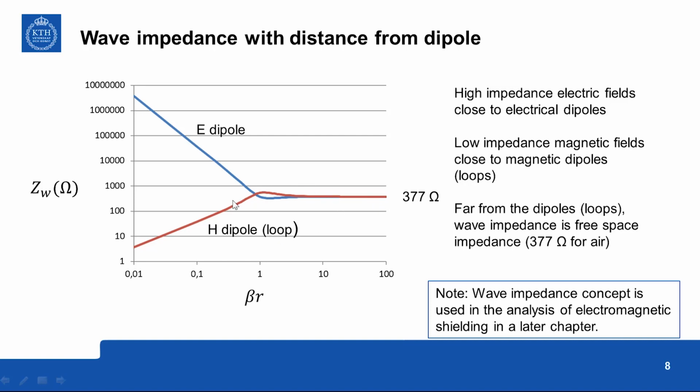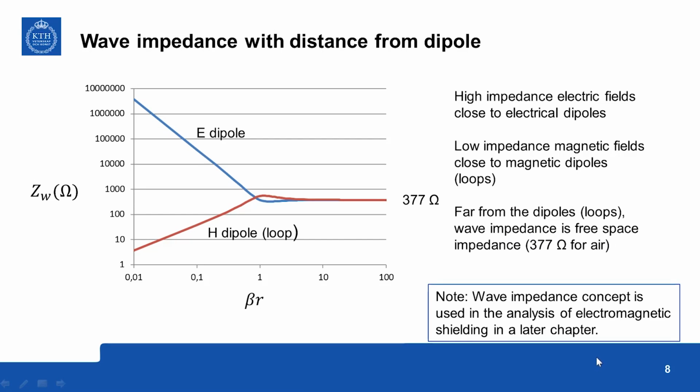So often when you have a problem of magnetic fields, we talk of low impedance magnetic fields, and we often talk of high impedance electric fields when we are close to the source. So the reason for those expressions comes from this graph. High impedance electric fields close to electric dipoles, low impedance magnetic fields close to magnetic dipoles. Far from the dipoles, wave impedance is free space impedance for air.